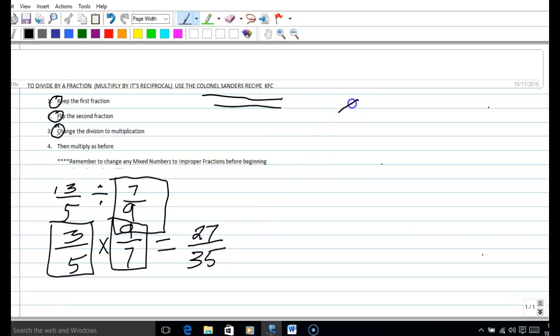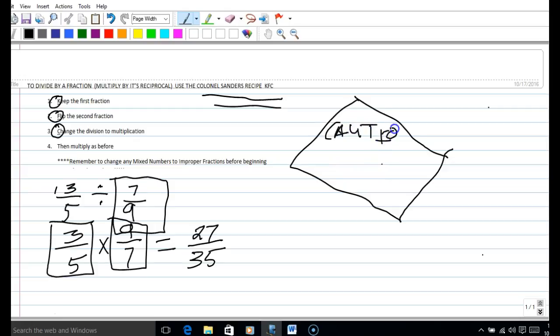Now, let me caution you. Caution sign. You cannot cancel in multiplication.